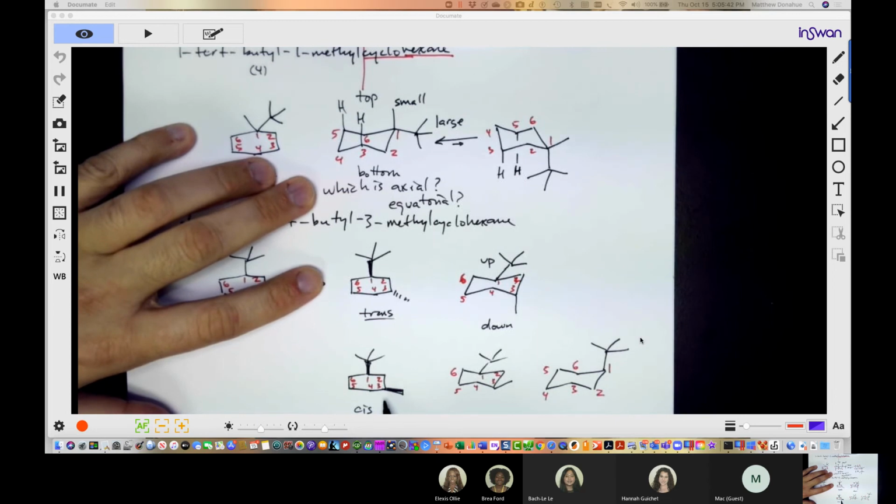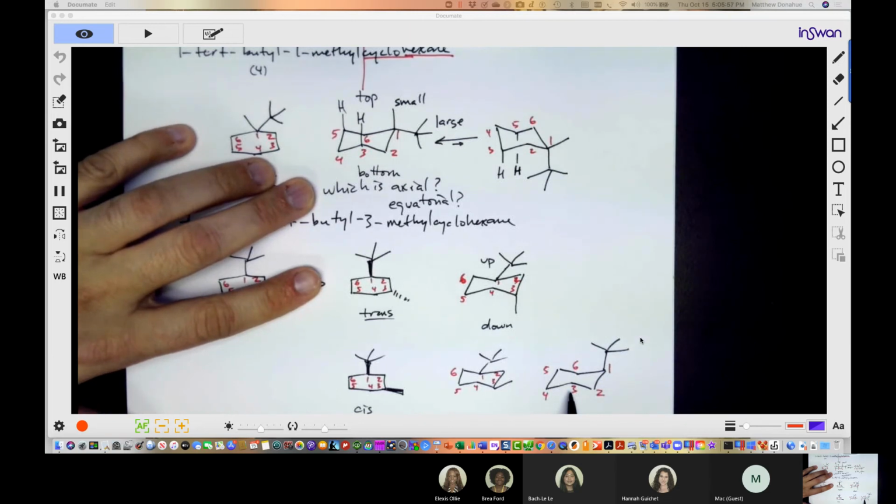Now if in the cis relationship at the 3 position, the methyl group should be equatorial or axial. So yeah, it has to be axial because they're cis, right? They're both up.